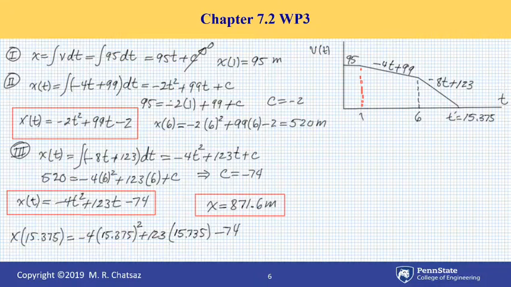Observe that we have three equations for position, therefore we can draw the graph of x versus t. So let this be one axis and let this be the time axis. Oops. So t goes there. Suppose I mark this as 1 second and this as 6 and that as 15.375.